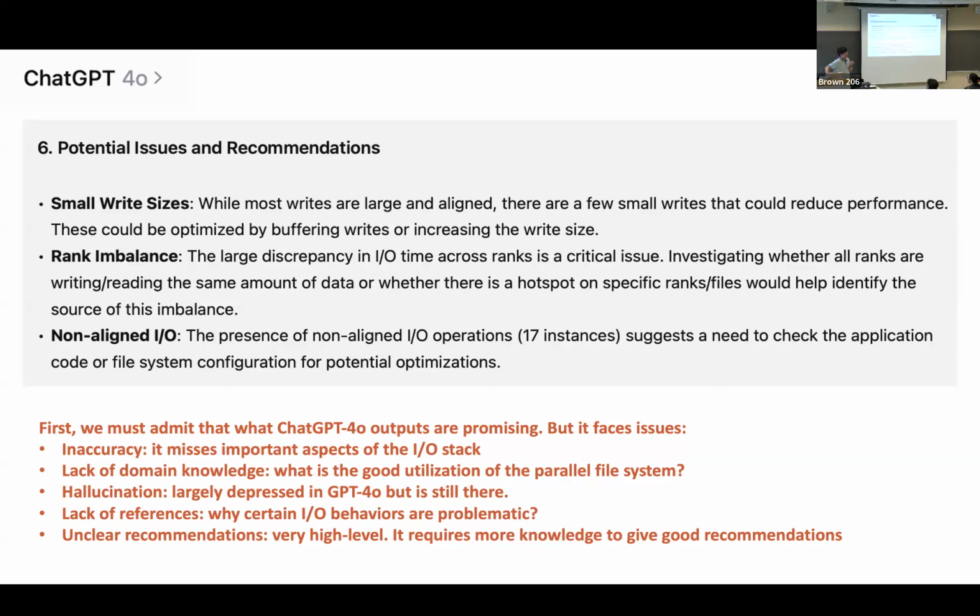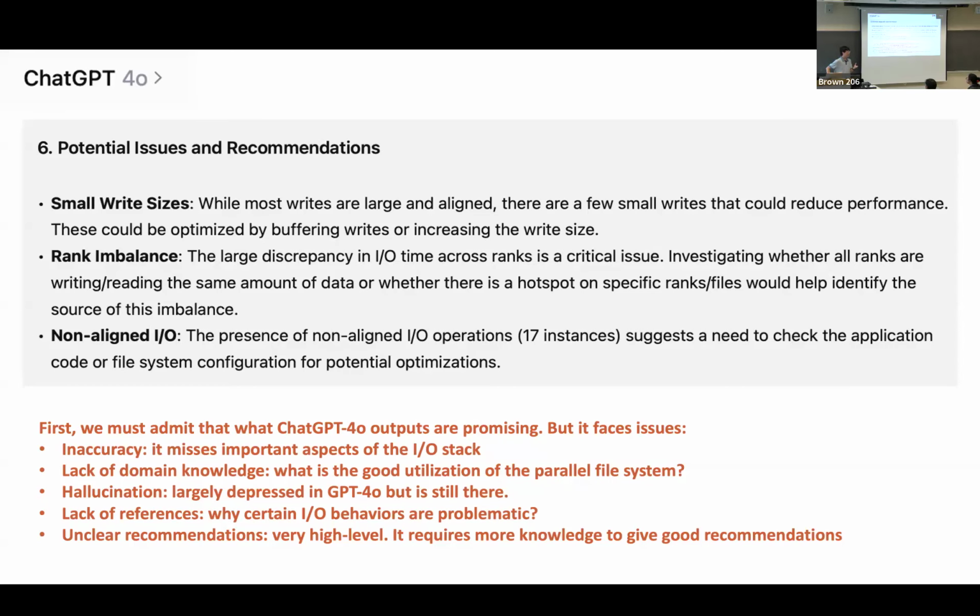I think our guess is that 4o is able to do more. I would say it actually follows your instruction better than GPT-4. You ask GPT-4 to list IO issues, and GPT-4 doesn't do that. It just lists the steps you should do to identify IO issues.